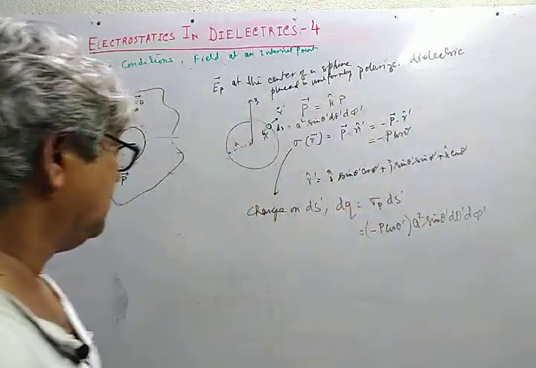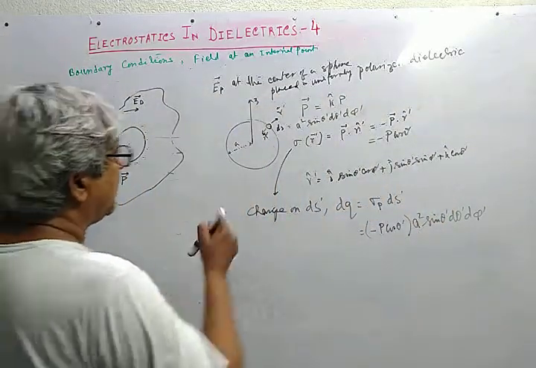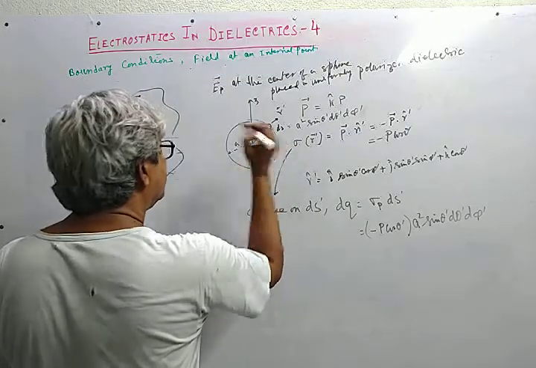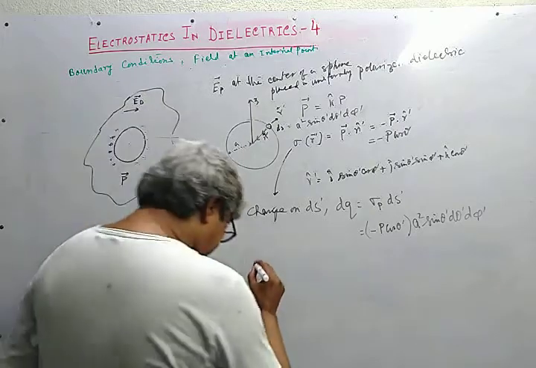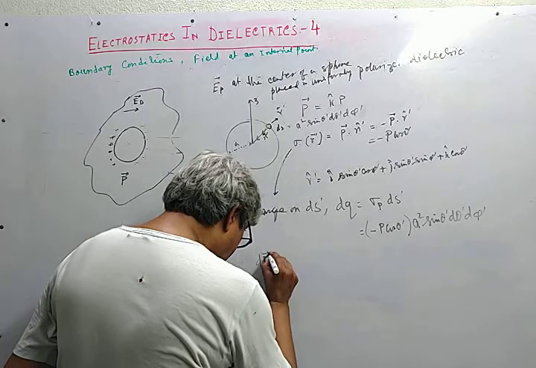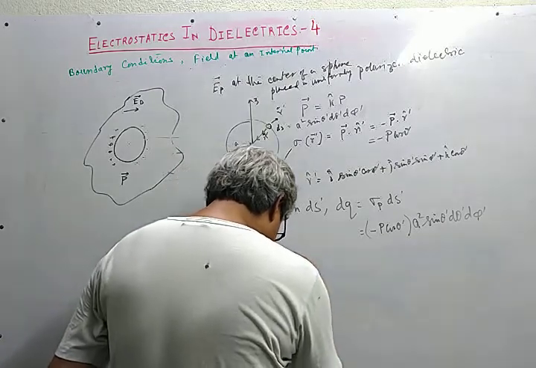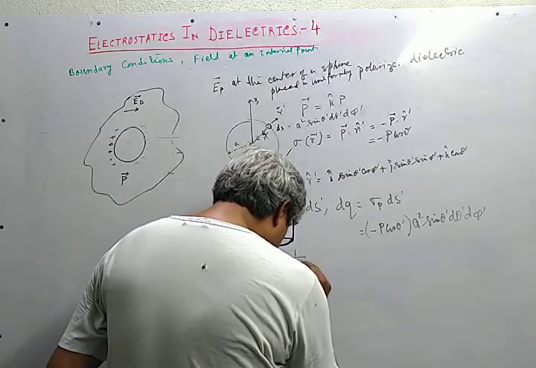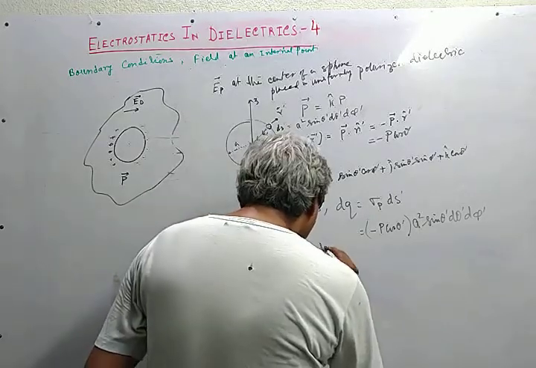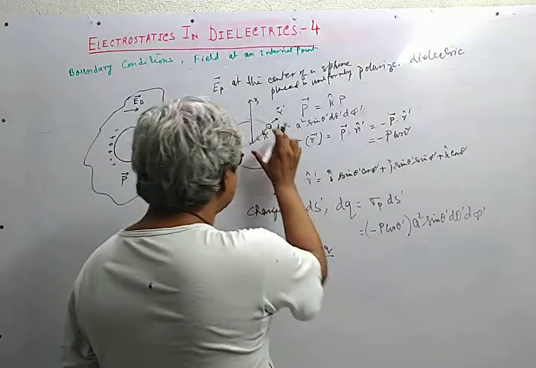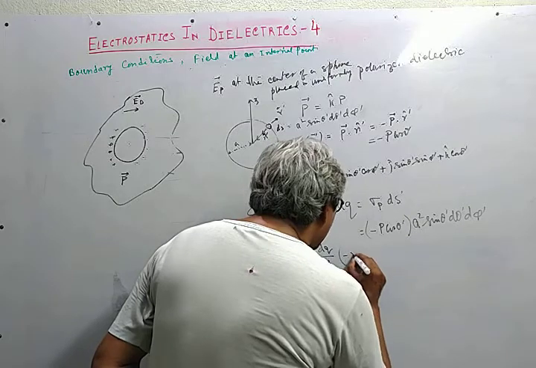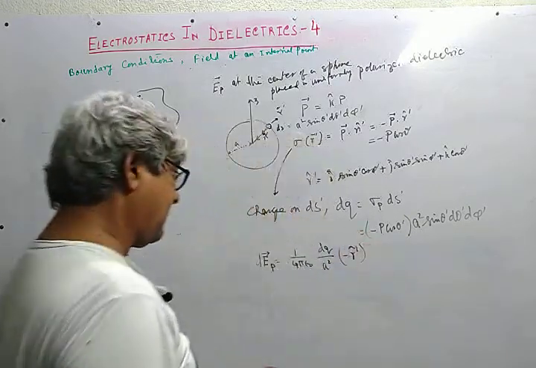This is the total charge. What is the field? The field due to this is directed along this, so this is directed along minus r cap. So the corresponding field due to the charge dq, by distance squared, and the direction is along minus r cap.